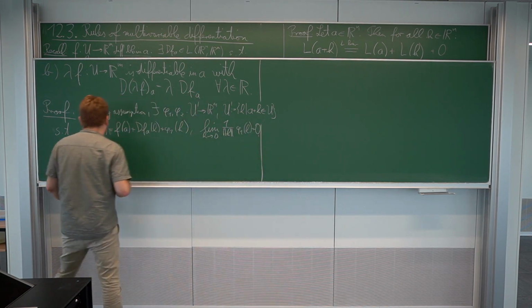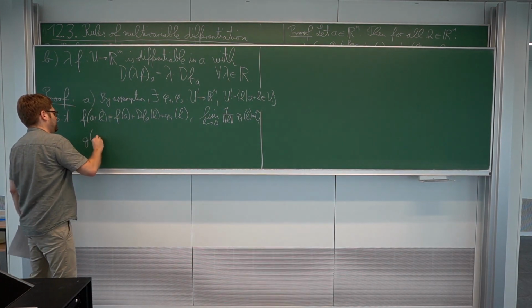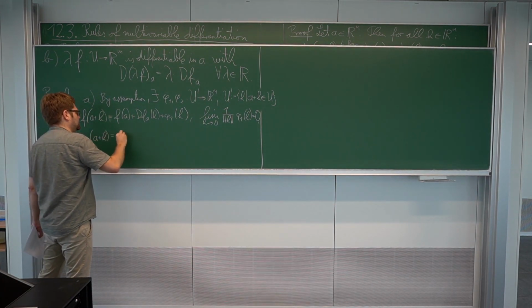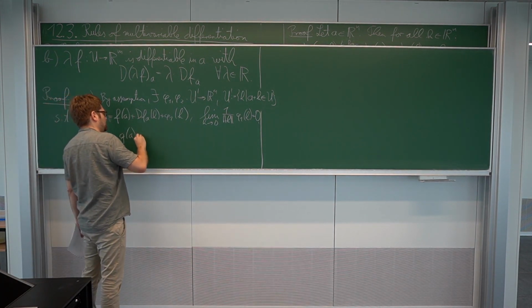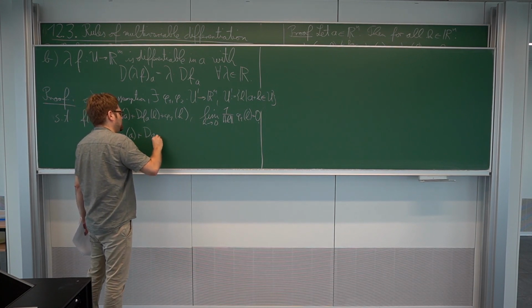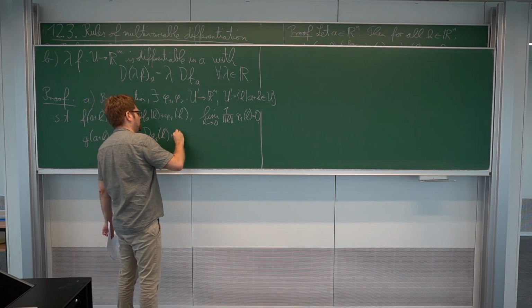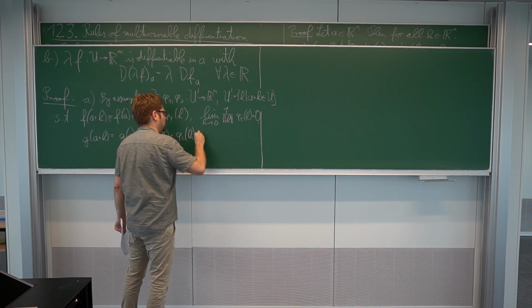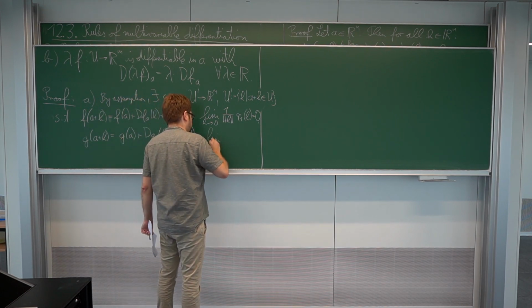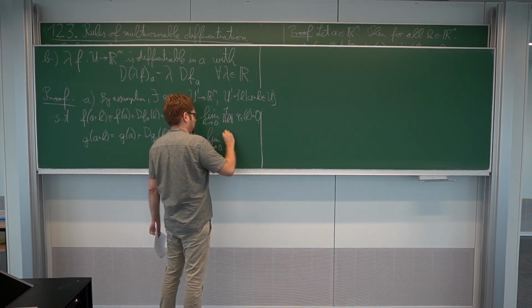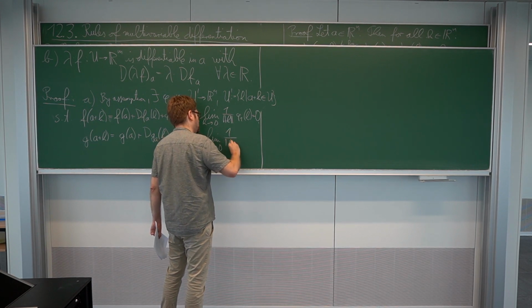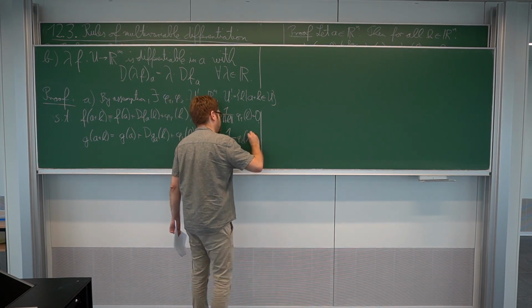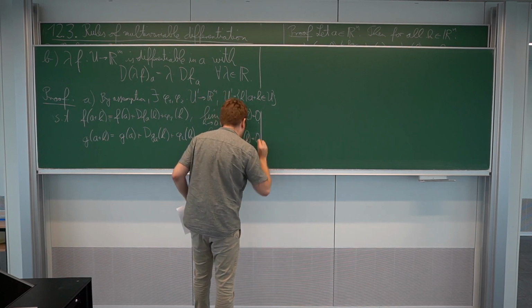And the same thing for g and phi2: g of A plus H is g of A plus dgA of H plus phi2 of H. And here the limit as H goes to 0 of 1 over the norm of H, phi2 of H is 0.